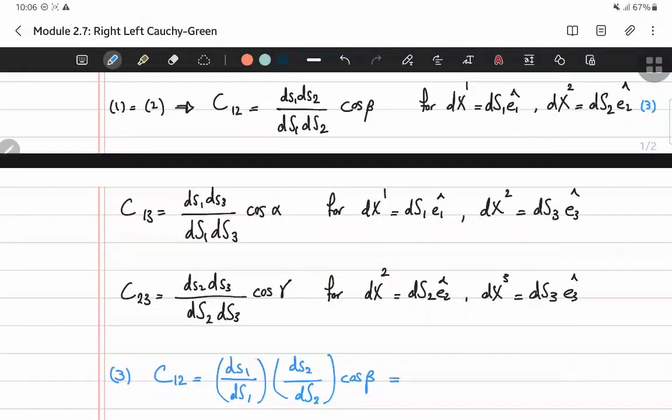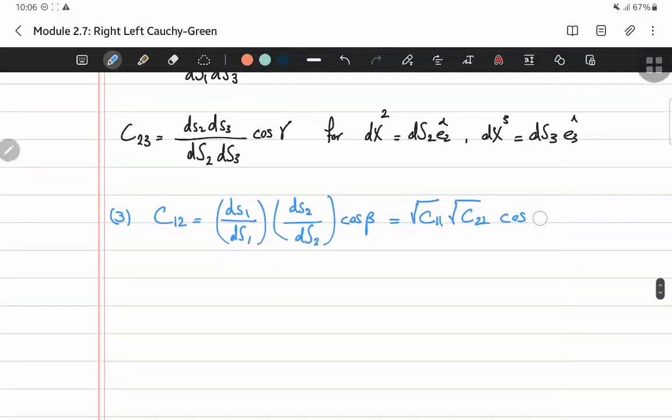This is nothing but square root of C11 times square root of C22 cosine beta. Therefore, you can write cosine beta as C12 divided by square root of C11 times C22.